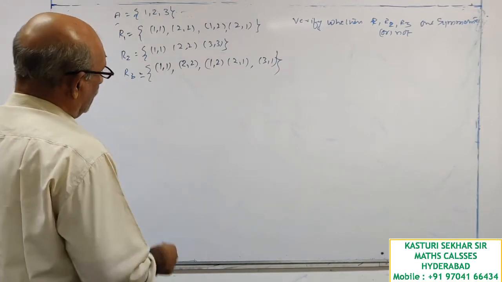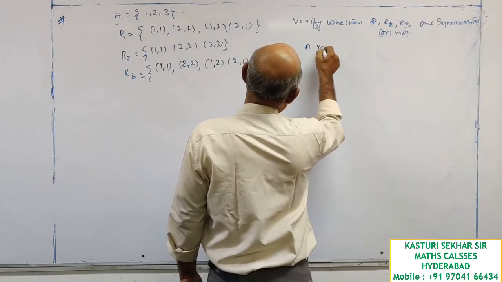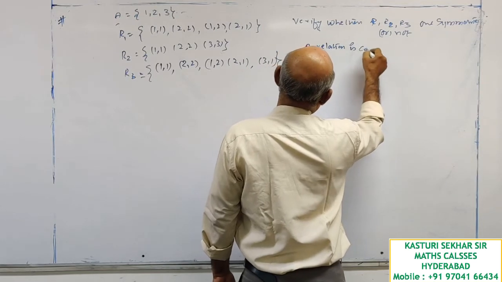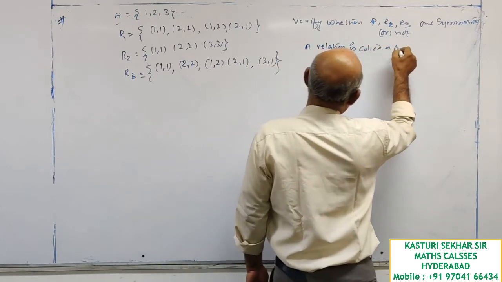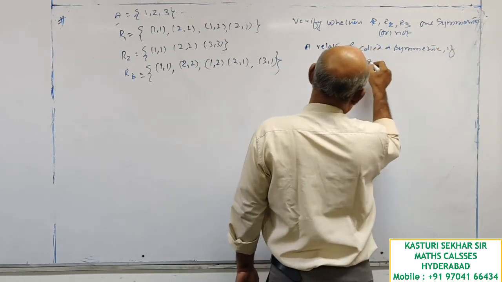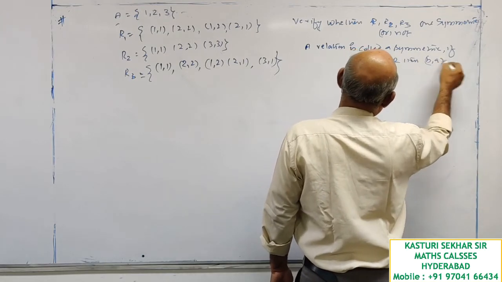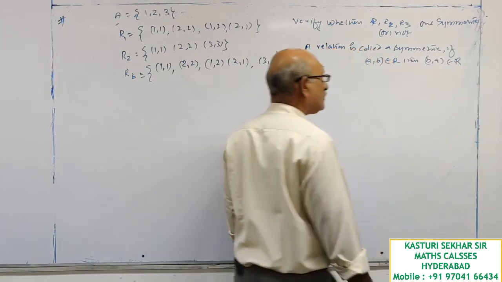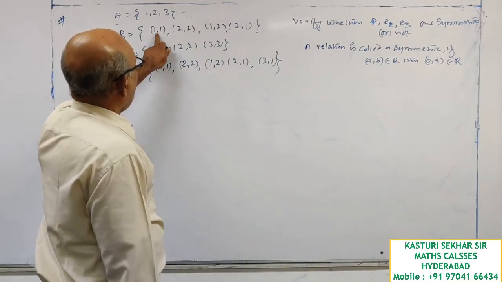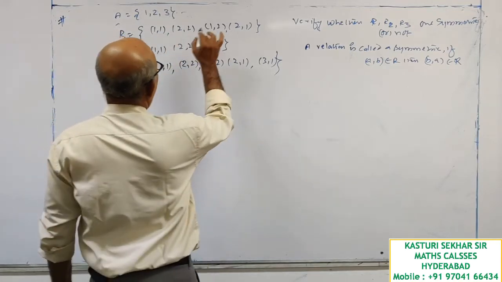Now sir, what is the way of verifying symmetric? A relation is called a symmetric relation if (A, B) belongs to R, then (B, A) belongs to R. For (1, 1), the reverse order is also (1, 1); (2, 2) also the same.